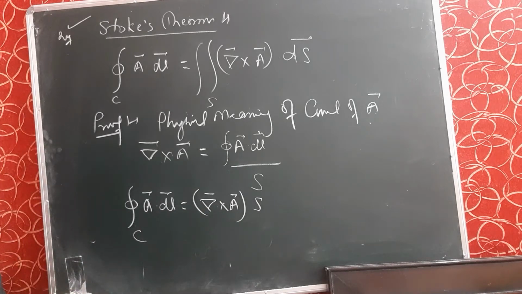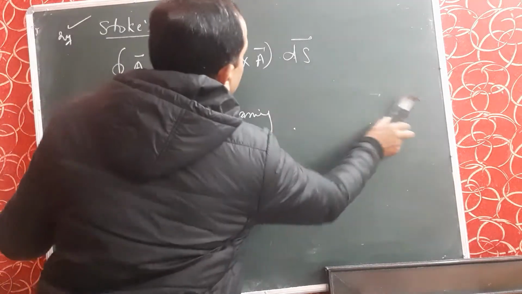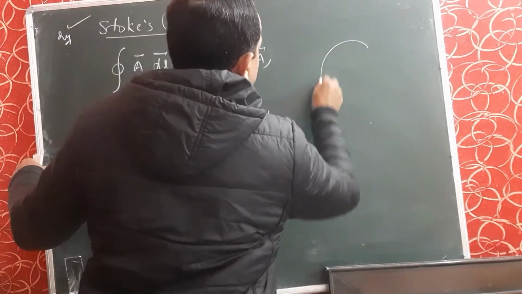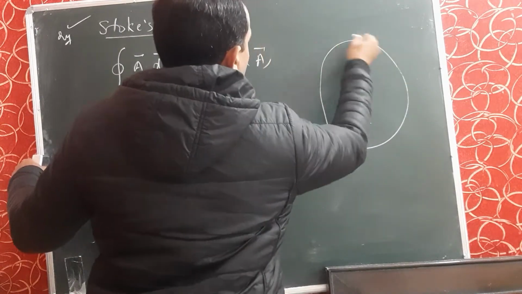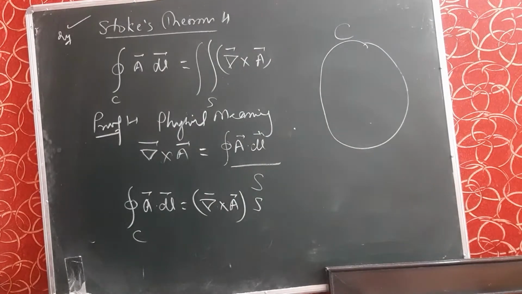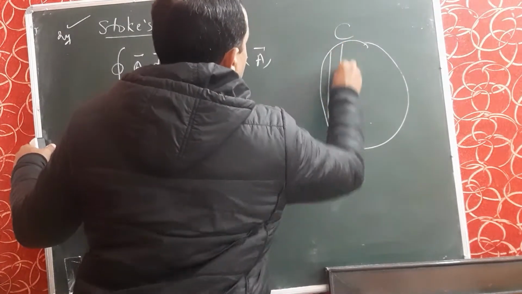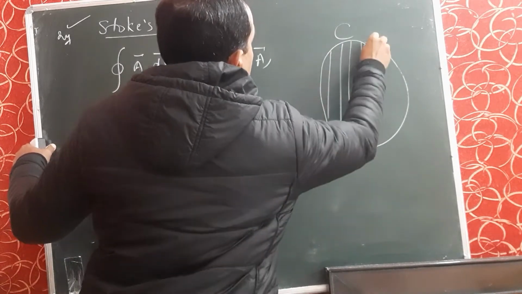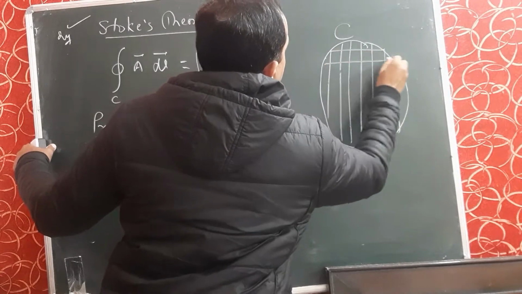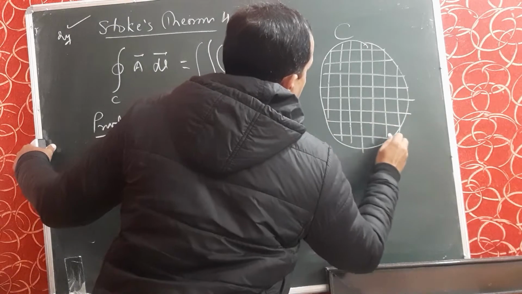Now we may generalize this equation for n closed surfaces or n closed loops. So we consider any loop, a closed loop, it is C. We will split this loop into a number of loops, that is, we may divide this loop into a number of small loops like this one, in this way.